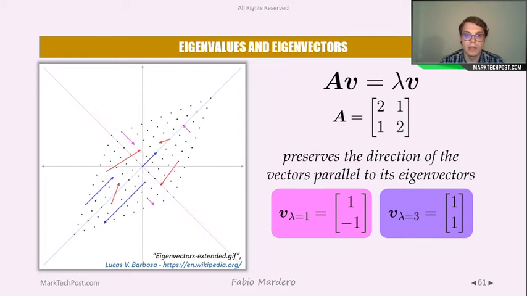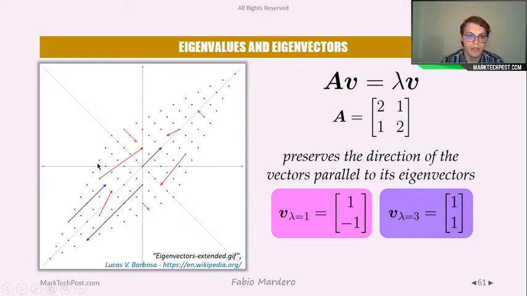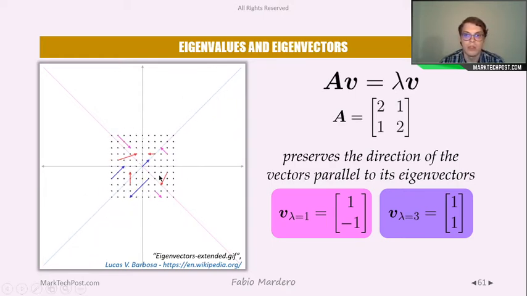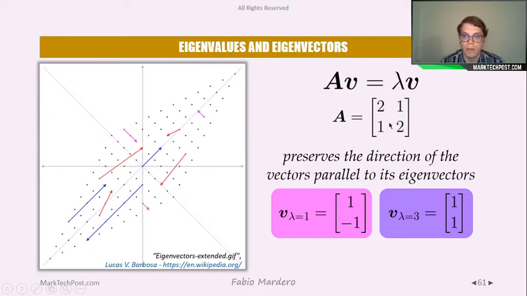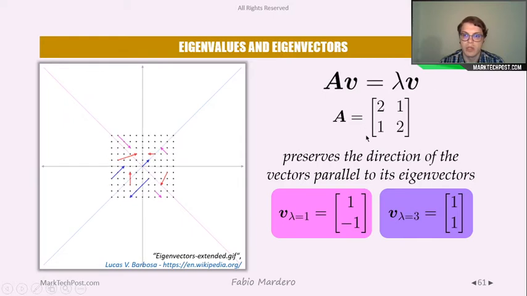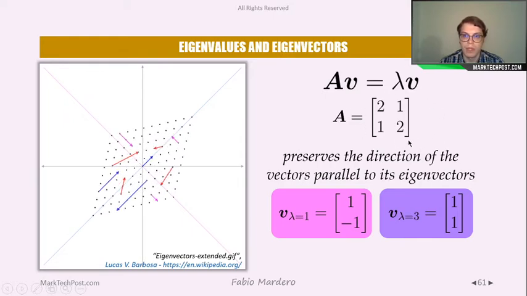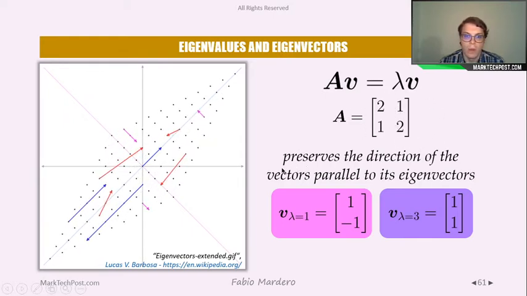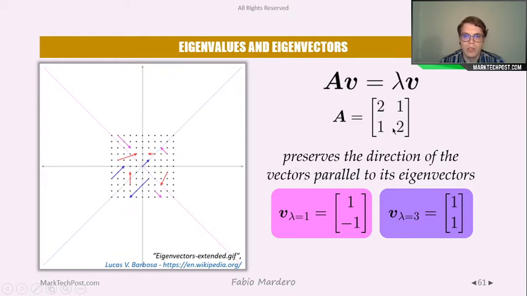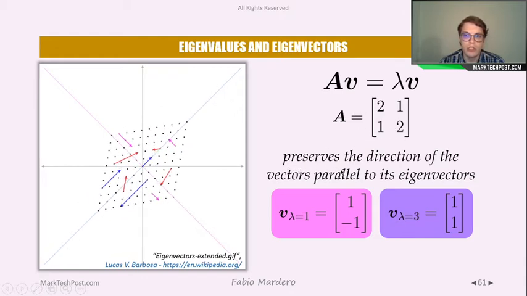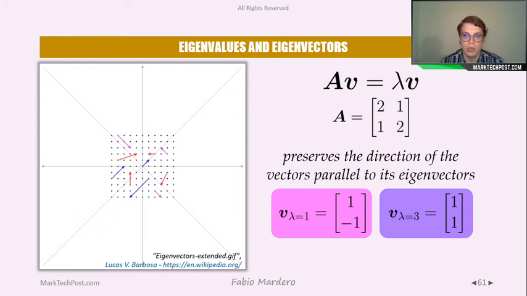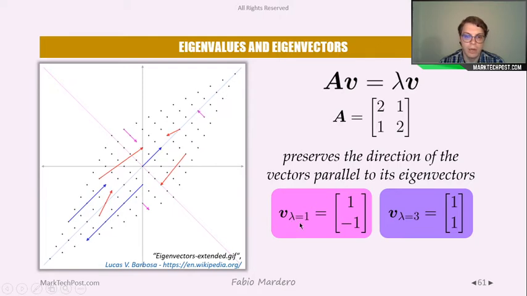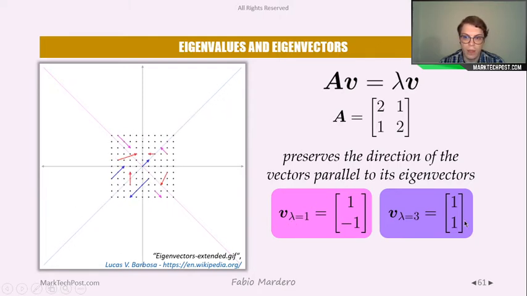This can be seen using this graph. This picture represents this linear transformation, which can be characterized using this transformation matrix. We can see that this linear transformation preserves the direction of the vectors parallel to its eigenvectors. And the eigenvectors are these two.